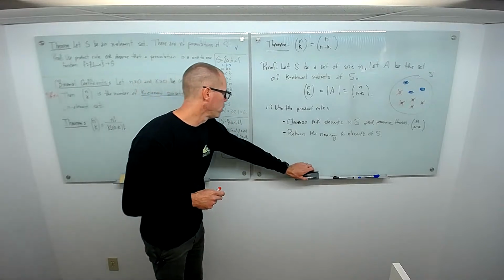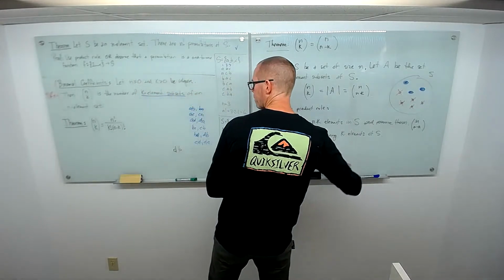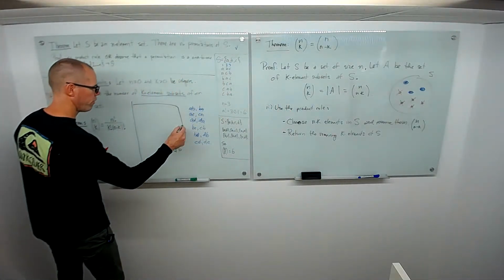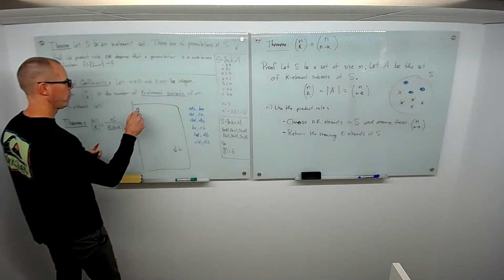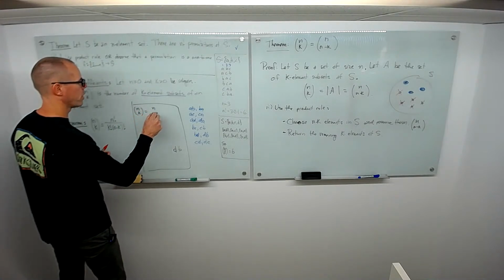So let's put some of those aside. Useful facts to remember: n choose k is equal to n choose n minus k.